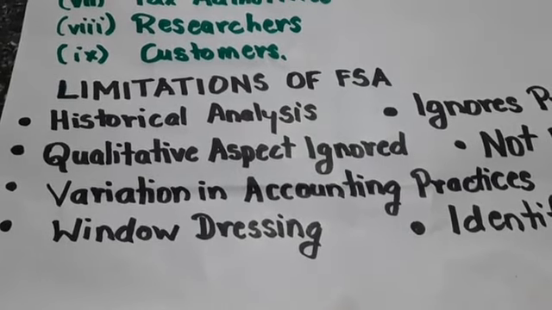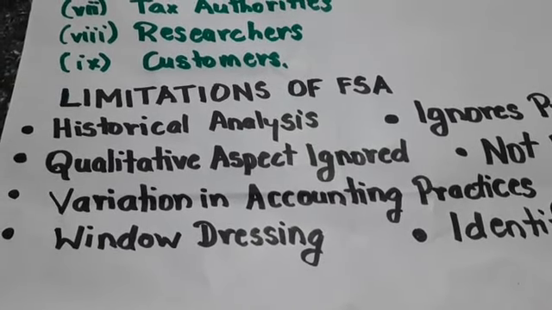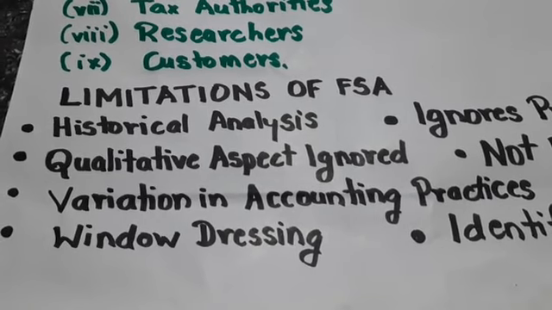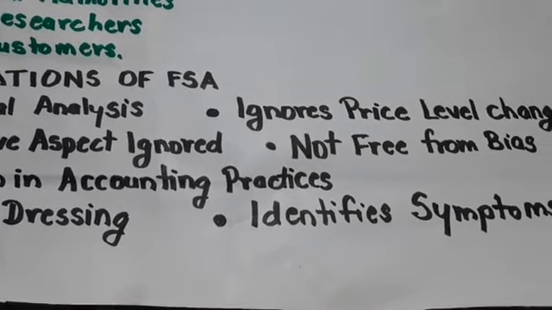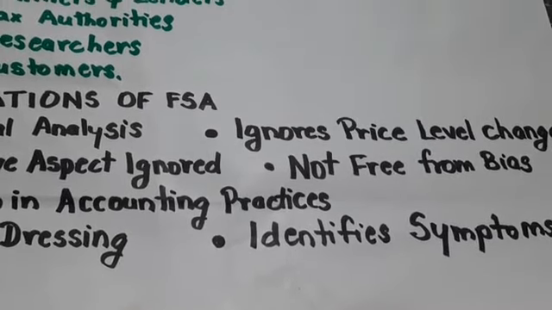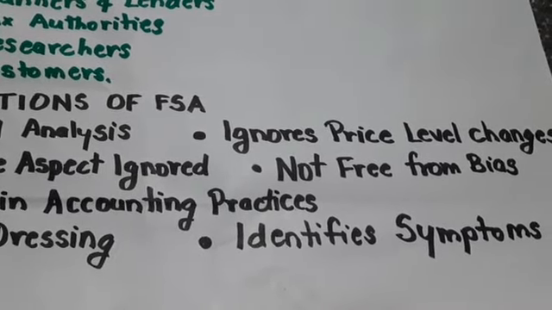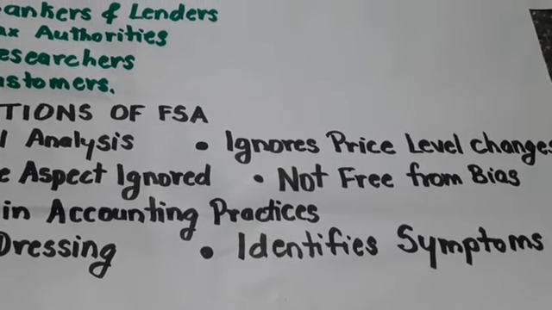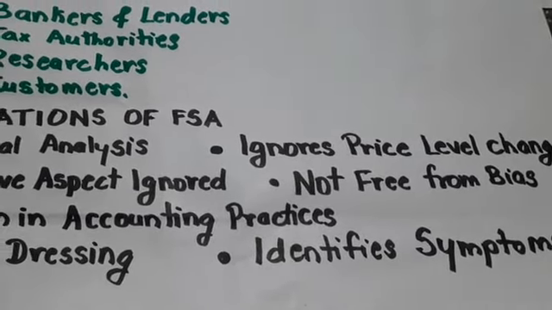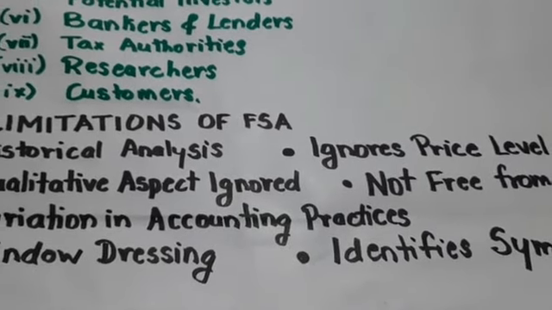So it becomes a drawback for financial statement analysis. Next one is identifying symptoms. Financial statement analysis identifies the problems but does not give us the solution for that problem. So these are the limitations of financial statement analysis.